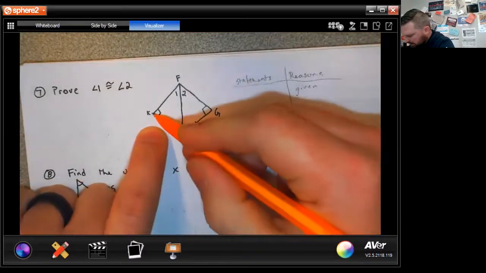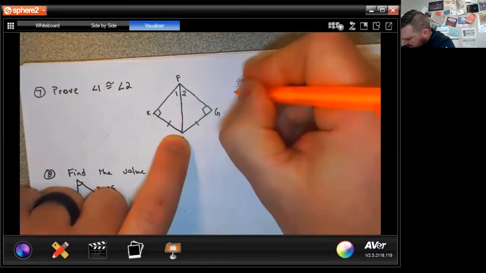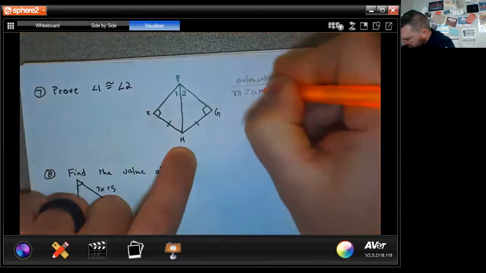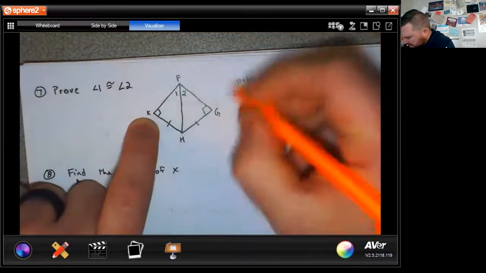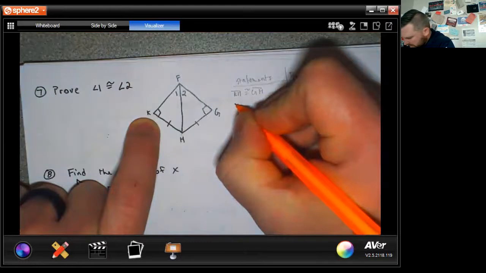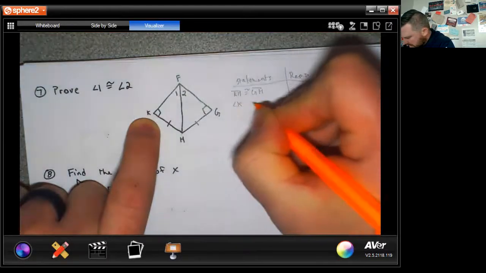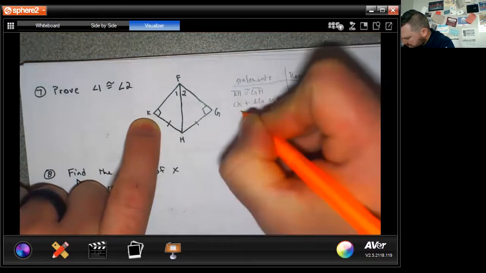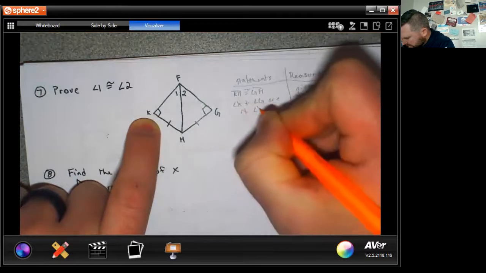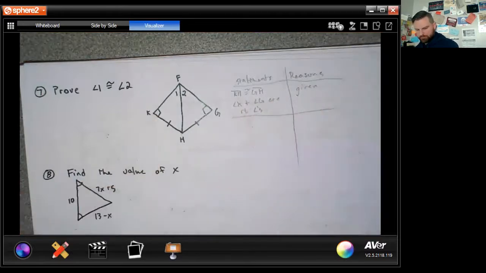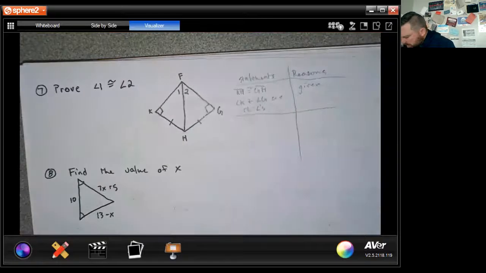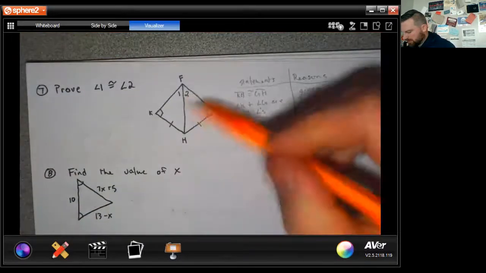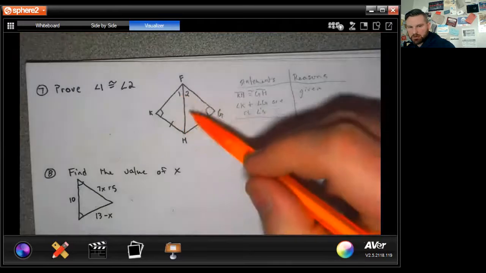We're given that KH is congruent to GH. We're also given that angle K and angle G are right angles. That's all we're given, and we're trying to prove that these two angles up here are congruent. In order to do that, I need to prove that the triangles are congruent.